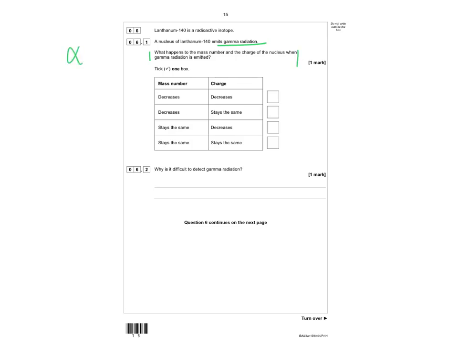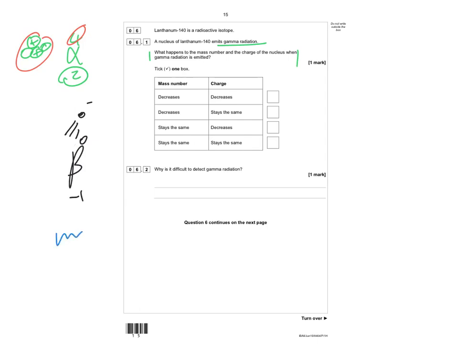Well, this is back to your recall. Alpha has a mass of 4 and a charge of 2, because it is 2 protons for that bit and 2 neutrons, meaning we've got 4 in total. Beta is a fast moving electron, so it has no mass, but a -1 charge.